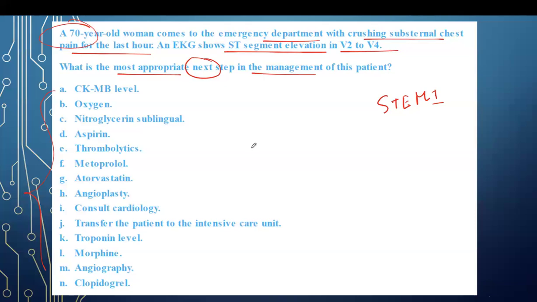When we get a patient with myocardial infarction, the initial treatment starts with MONA. MONA includes morphine for the pain, oxygen if the saturation is less than 95, nitroglycerin if morphine is not helping with the pain, and A for aspirin.